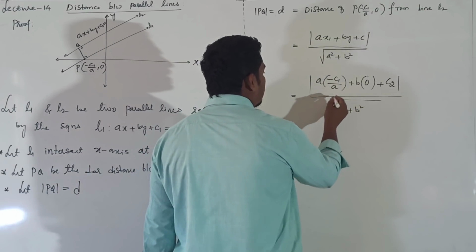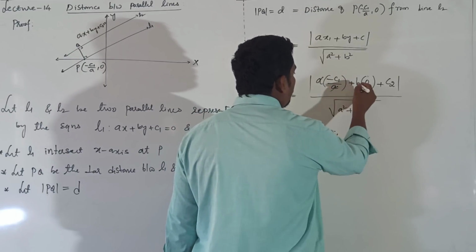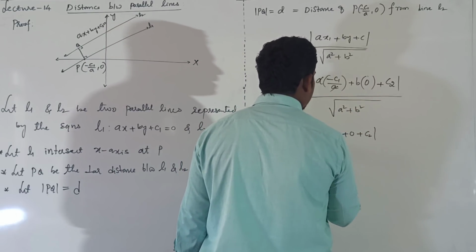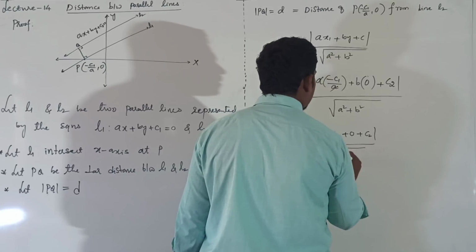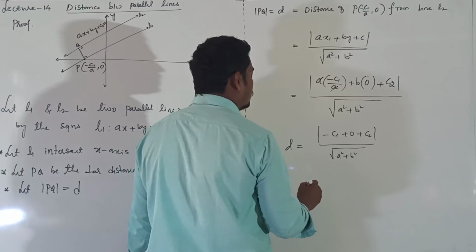Now a gets cancelled. Modulus of minus c1, b into 0 is 0, plus c2, divided by square root of a square plus b square, that is d equal to.